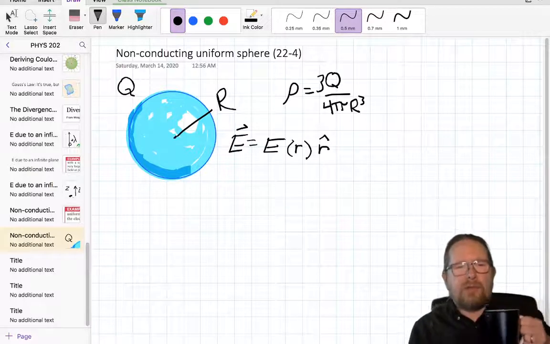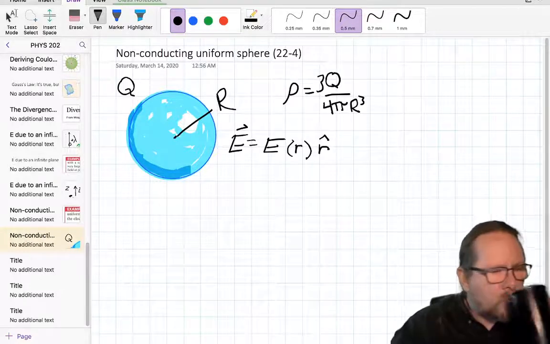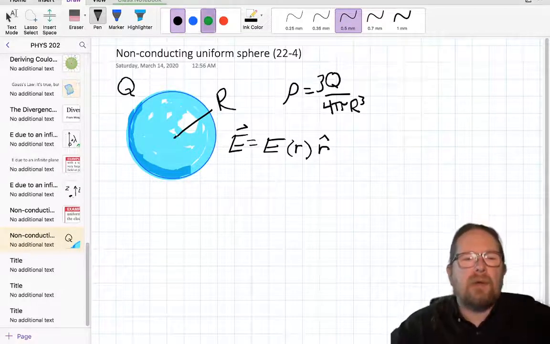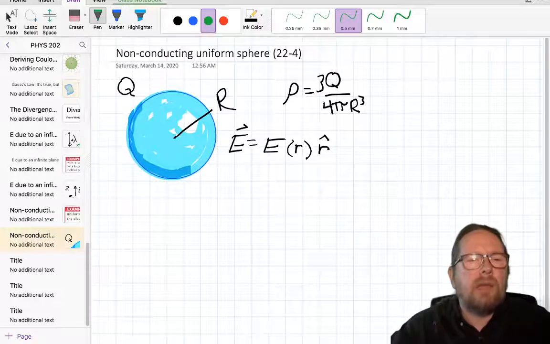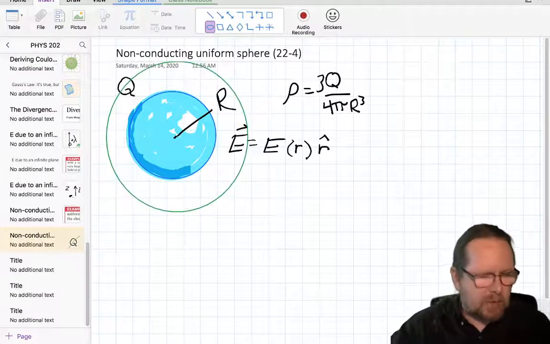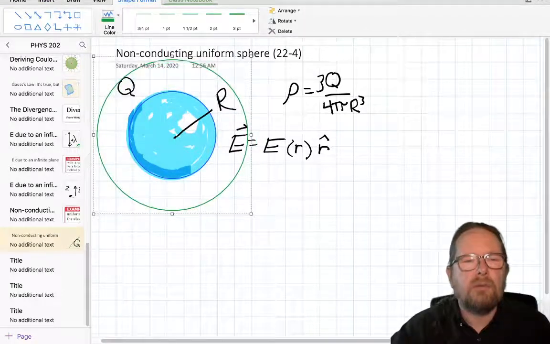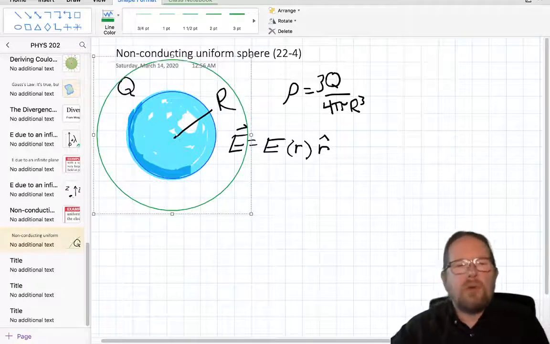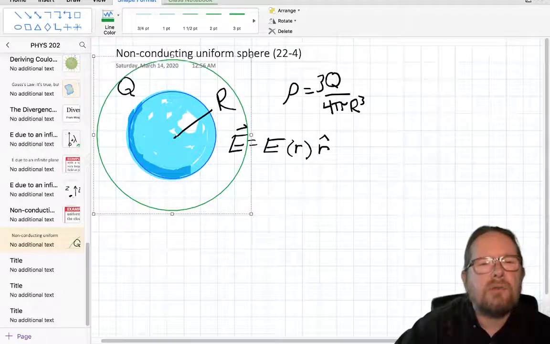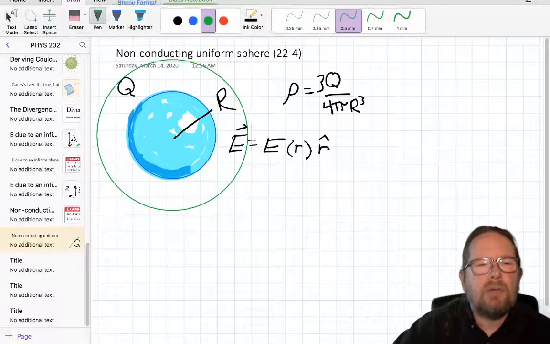Hopefully it's obvious that the Gaussian surface I should choose to wrap around this sphere is another sphere, an imaginary sphere in space that is concentric with my sphere of charge, so that everywhere on this surface, we'll call it A, the electric field is both constant and perpendicular.